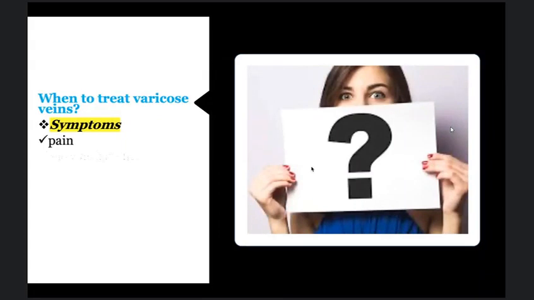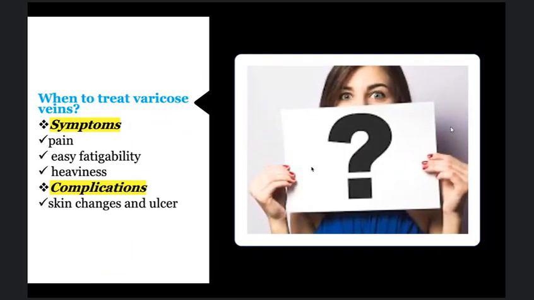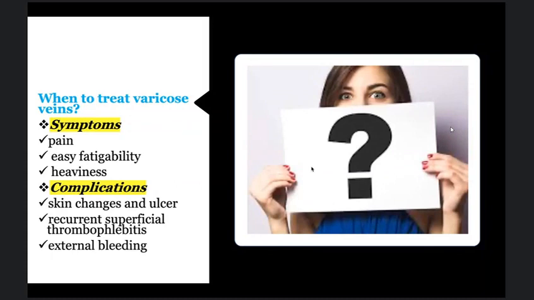Pain, fatigability, heaviness, or when the patient has complications like skin changes and ulcer, thrombophlebitis, or external bleeding, or seeks treatment for varicose veins for cosmetic reason. They don't like the appearance of varicose veins, of course. The patient has symptoms or complications or cosmetic reason.